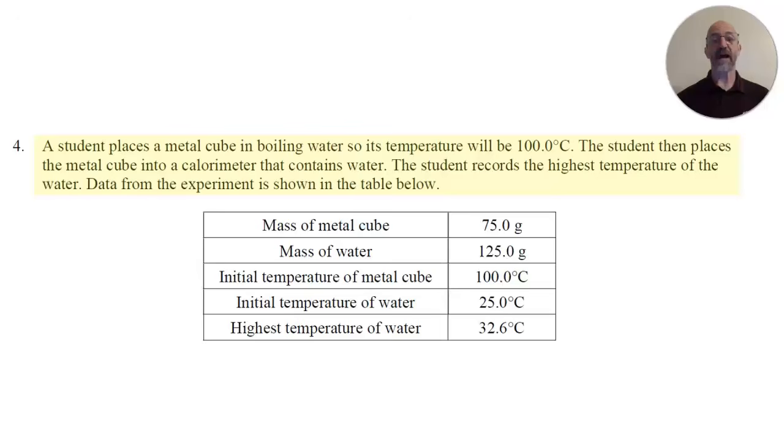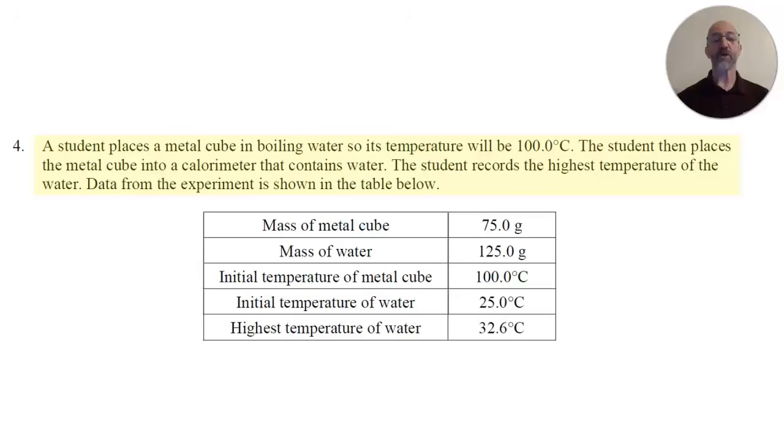The student records the highest temperature of the water. Data from the experiment is shown in the table below. So we can see in this data table that the initial temperature of the metal cube is 100 degrees Celsius. The initial temperature of the water is 25 degrees Celsius. And then we can see that the highest temperature of the water is 32.6 degrees Celsius.